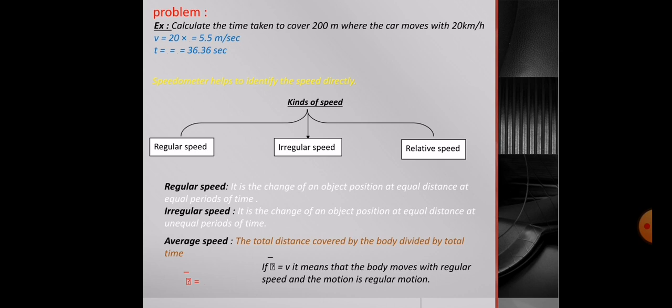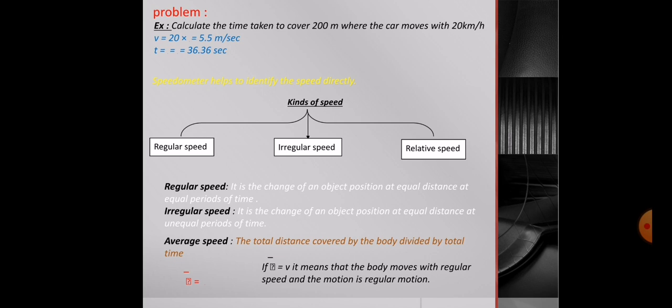But in the case of irregular speed, it is the change of an object's position at equal distances in unequal periods of time, or vice versa. It means the change of an object's position at unequal distances in equal periods of time.